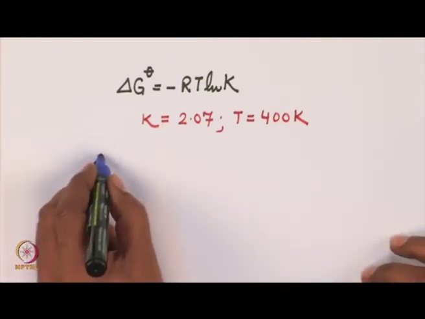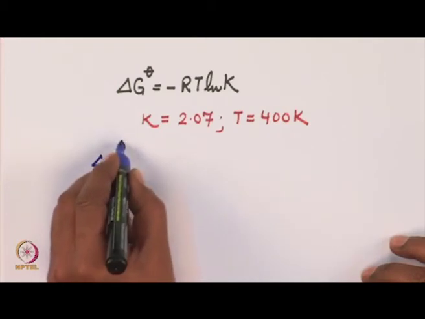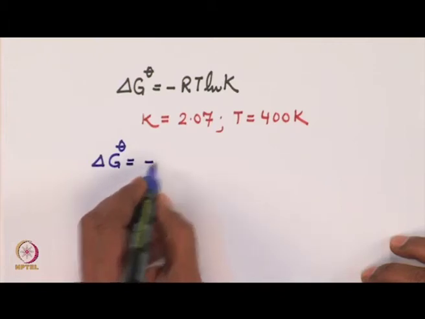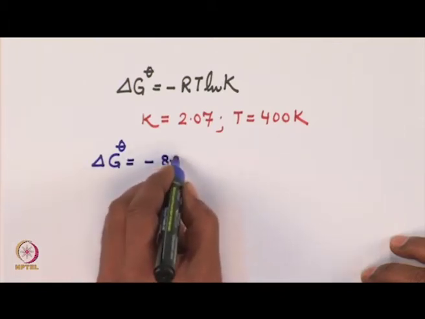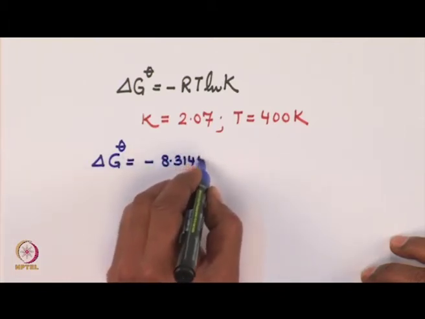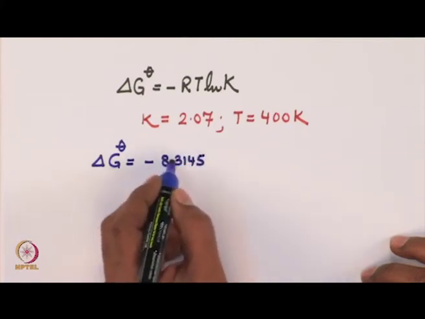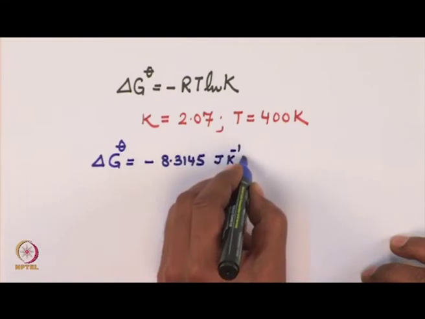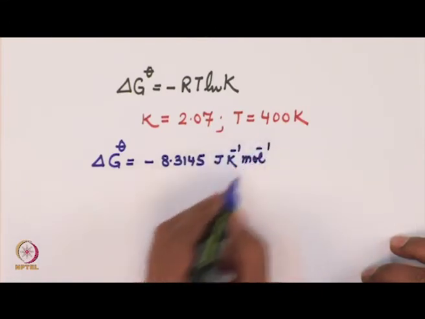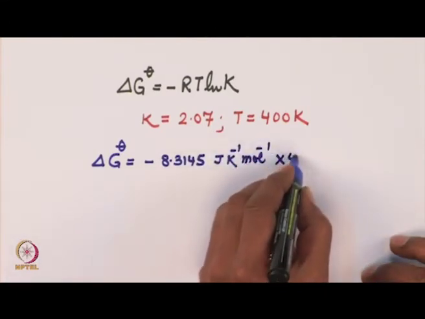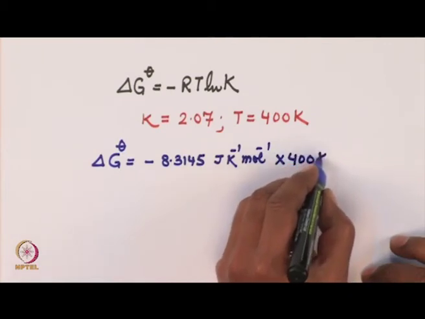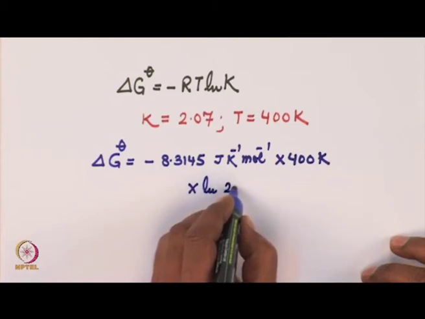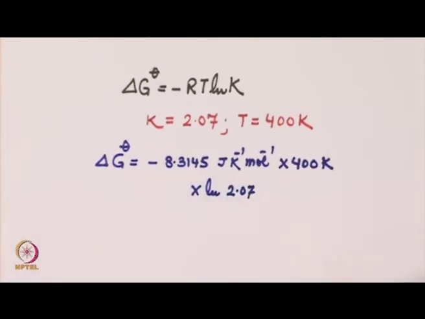Therefore, delta G naught is equal to minus R, 8.3145 joules per Kelvin per mole, into 400 Kelvin, into log of 2.07.